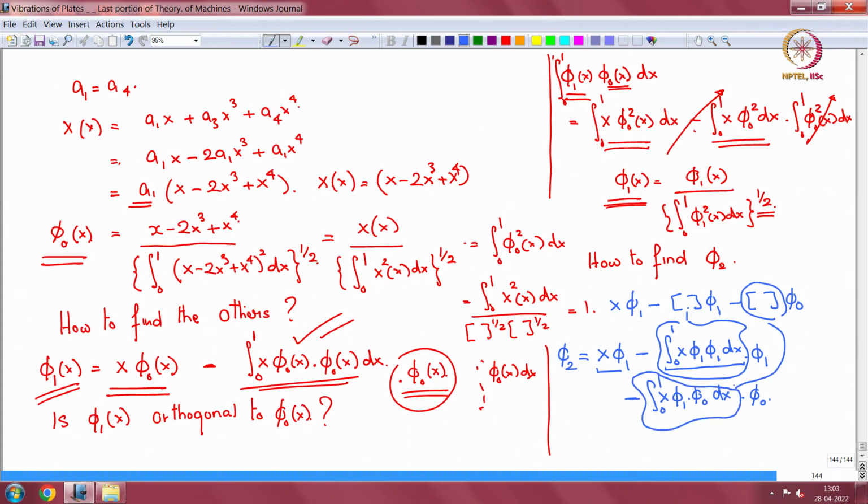Then this is free of a component of phi 1, this is free of the component of phi 0, and therefore it is orthogonal, okay.